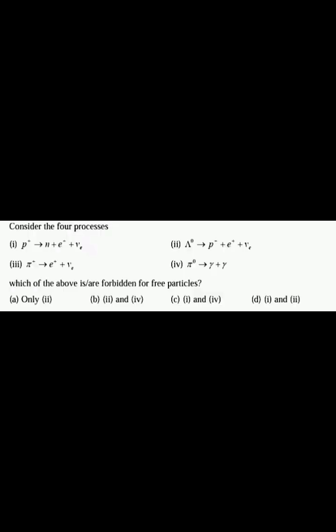The next question is: consider the four processes, that is p gives n plus e plus nu e, pi plus gives e plus nu e, lambda 0 gives p plus e plus nu e, and pi 0 gives gamma plus gamma. Which of the above are forbidden for free particles?